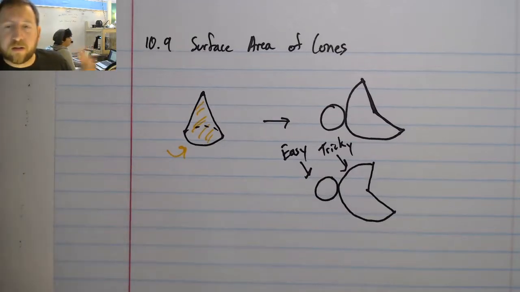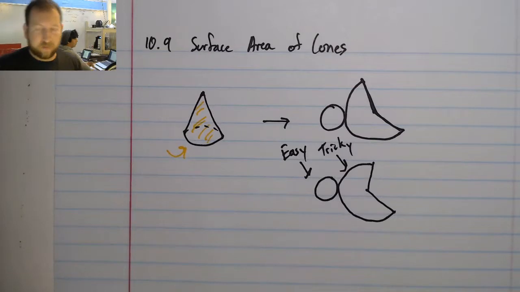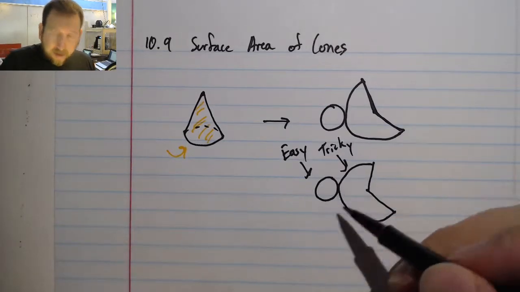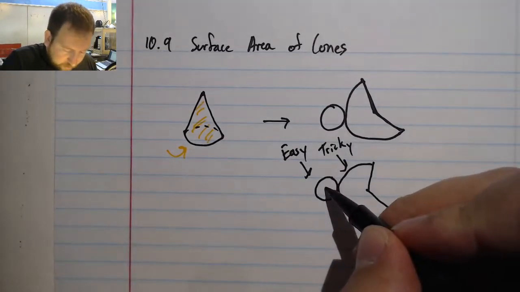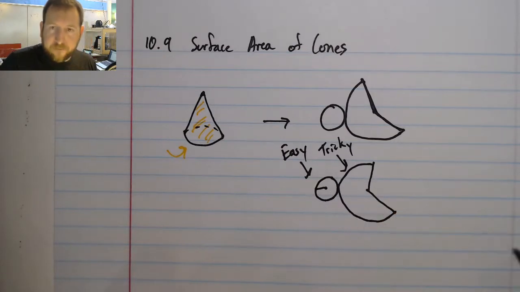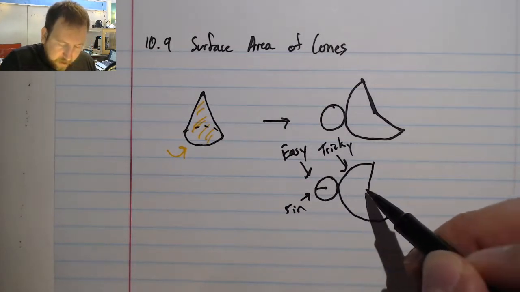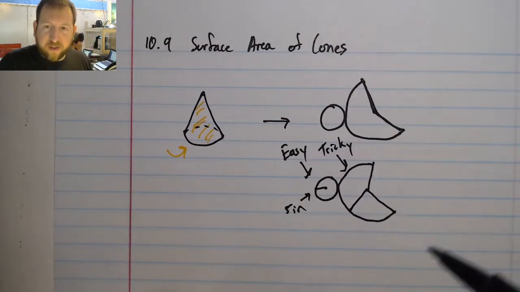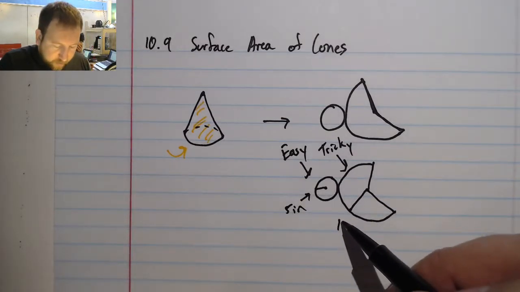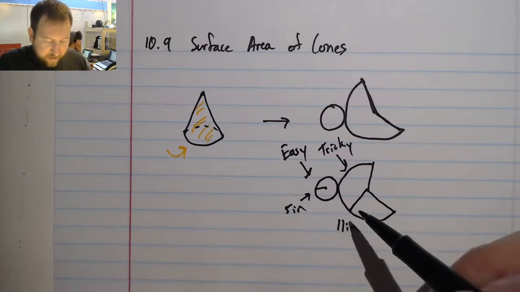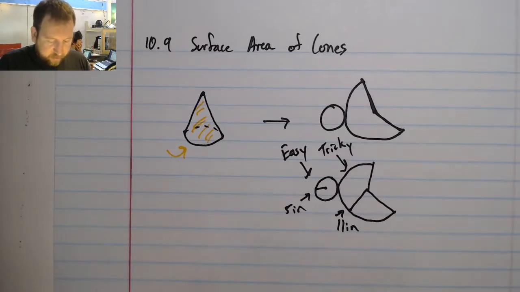So let's take a look at an example and see how this works. If I label these two, say we have this that is equal to 5 inches. And we also need this radius, or in this case we're going to call it the slant height, which is going to be 11 inches.